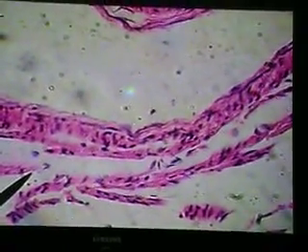This tunica media is very, very thin, and it seems to be quite broken up here. That's artificial, it's an artifact. But that would be the tunica media, and then outside of this would be an adventitia. So there is your vein.